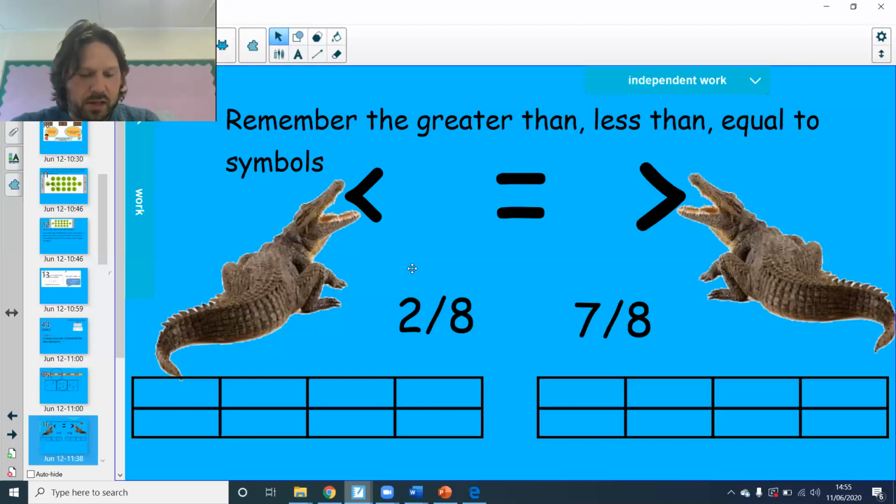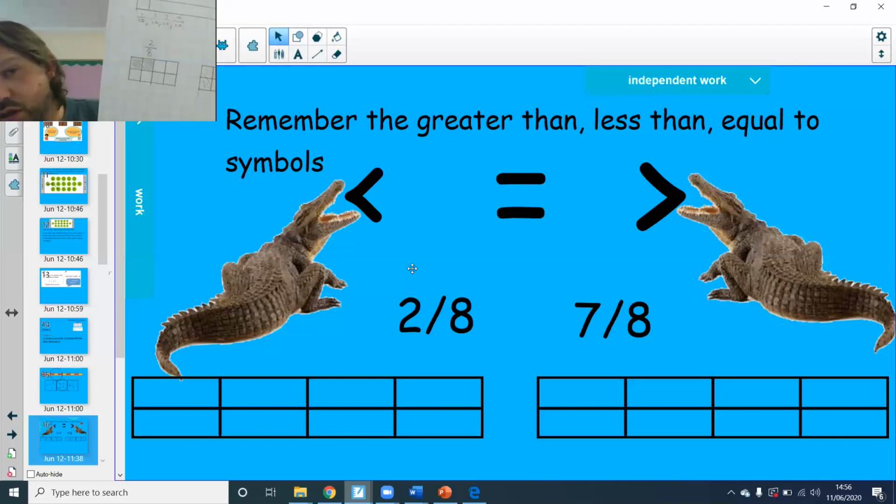You could use coloured pencils. That would be much better and look much better. But I'm doing it for the purpose of this. So I've coloured in, and now I'm going to label them. And I'm not going to copy what I've done on the board because I know that actually fractions should look like this.